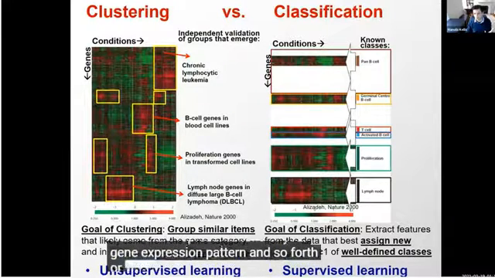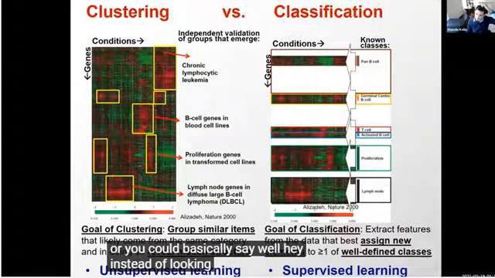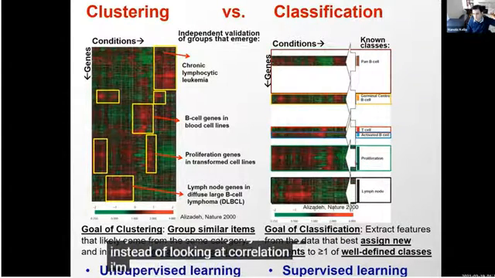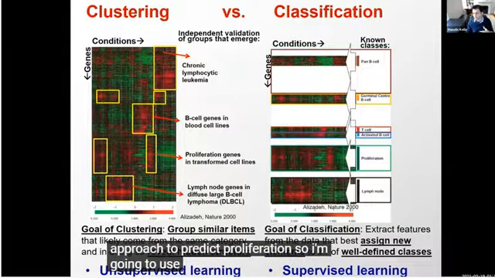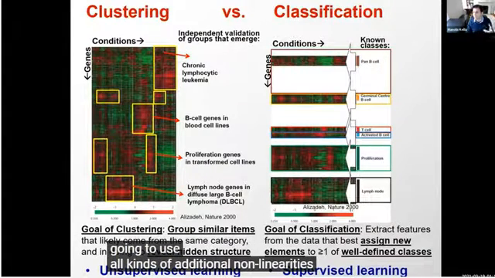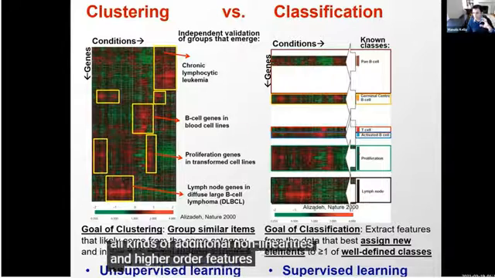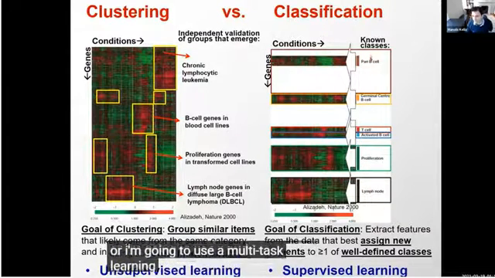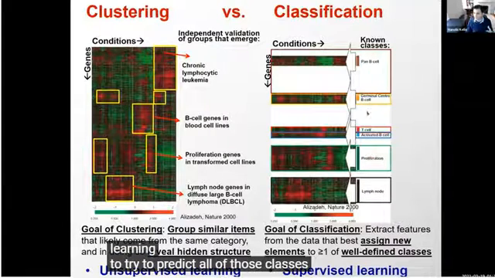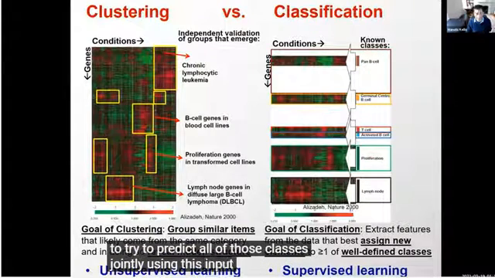Or you could basically say, well, hey, instead of looking at correlation, I'm going to use a deep learning approach to predict proliferation. So I'm going to use all kinds of additional nonlinearities and higher order features to learn about the proliferation class. Or I'm going to use multitask learning to try to predict all of those classes jointly using this input. Okay.